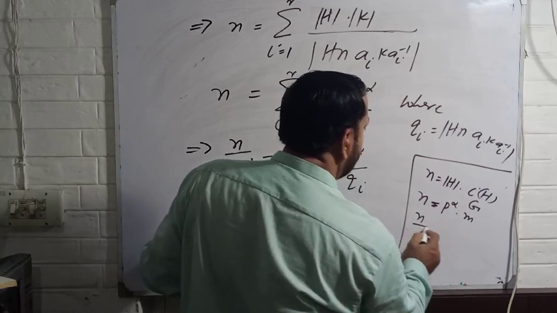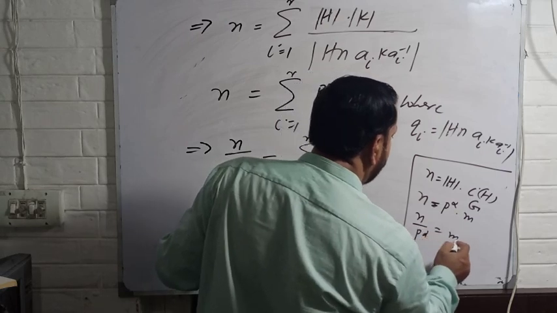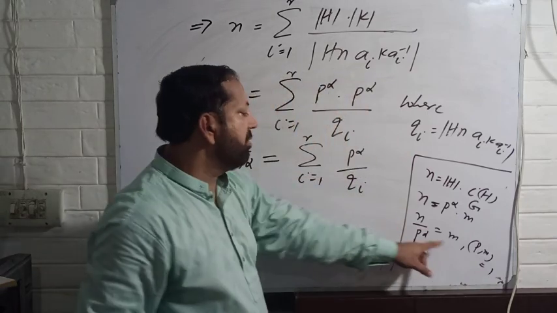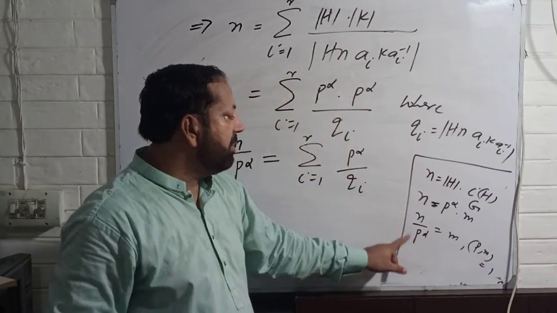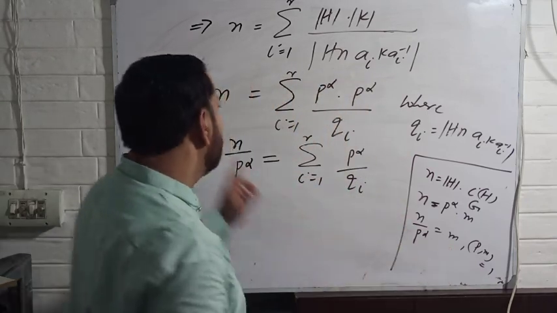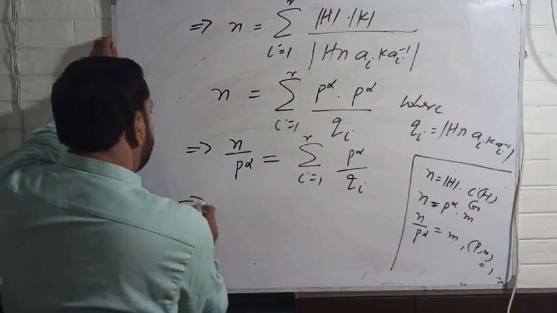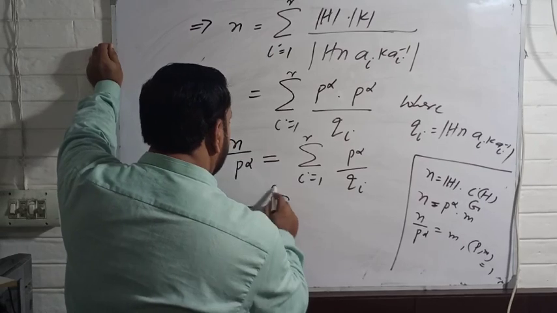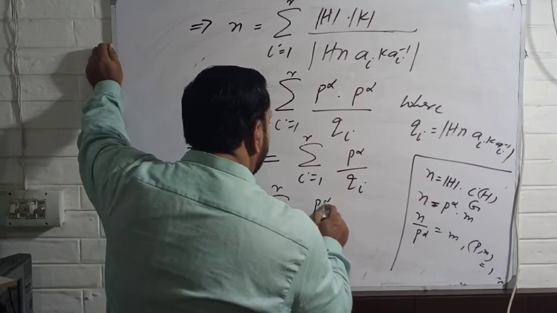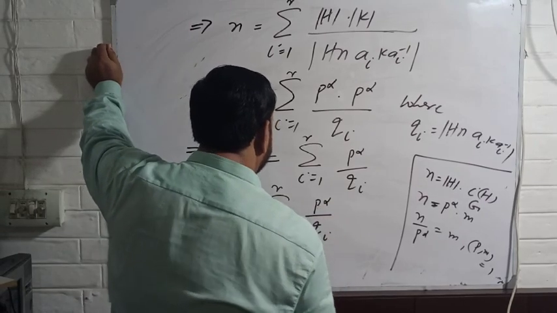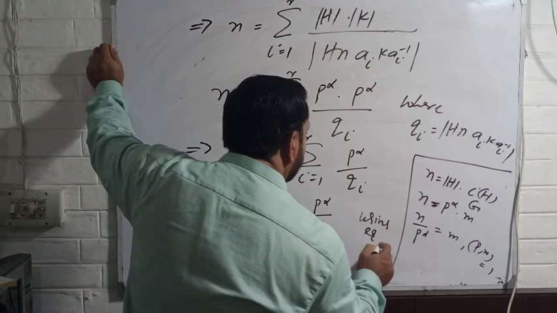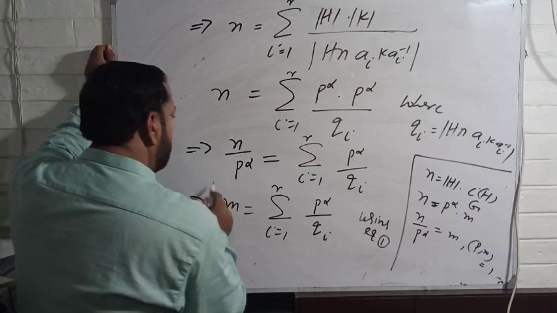So n by p power alpha is in fact m, and remember p and m are relatively prime. This was your equation number 1. So from here n by p power alpha is equal to m. So this implies that m is equal to the summation, I from 1 to r, of p power alpha by qi, using equation 1. You are at this step.